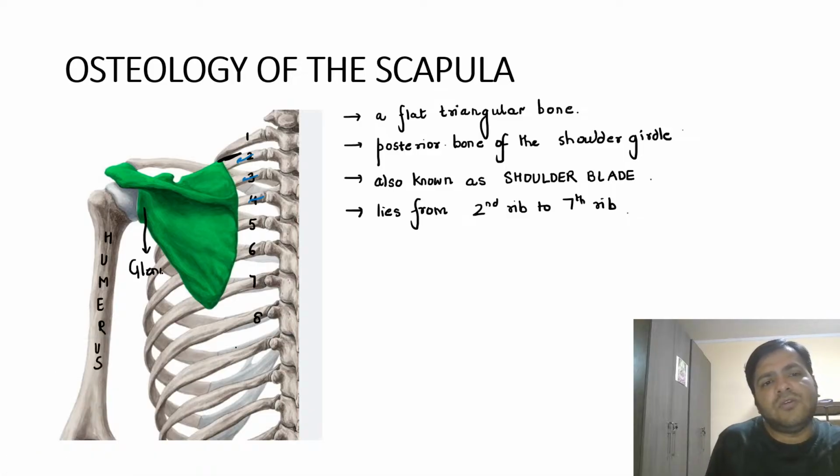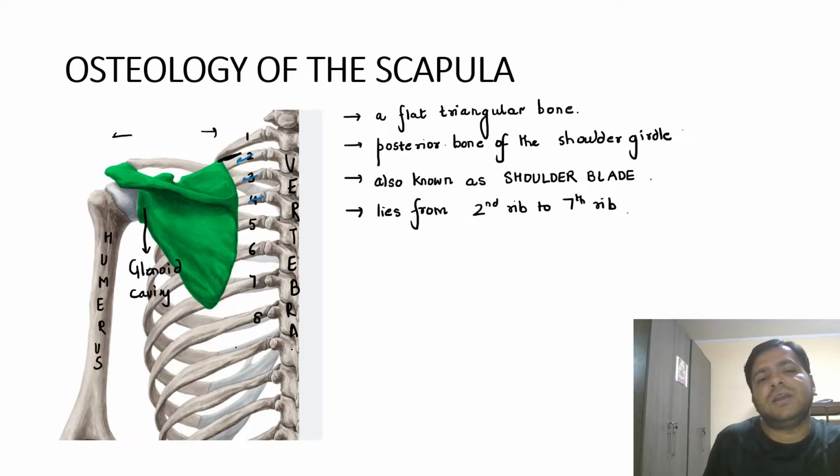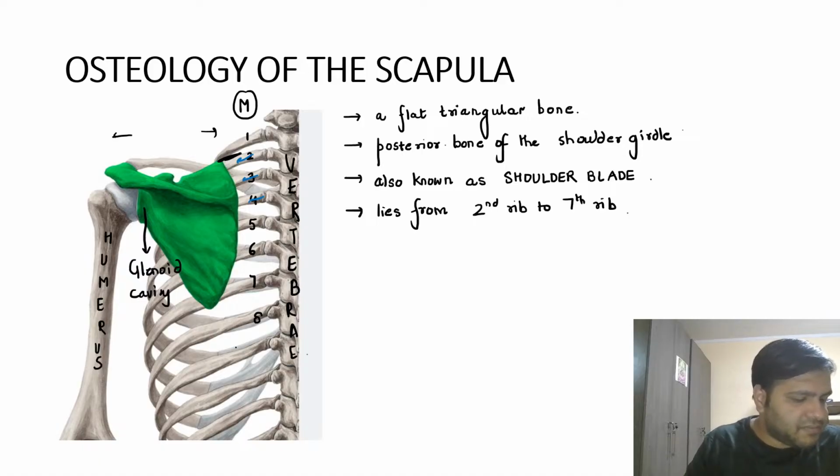Is the glenoid cavity lateral or medial? Tell me in the chat box. You already know this is the vertebra. Anything closer to the vertebra or the midline of the body is said to be medial. So is the glenoid cavity medially or laterally located?